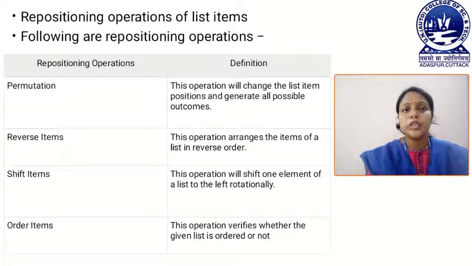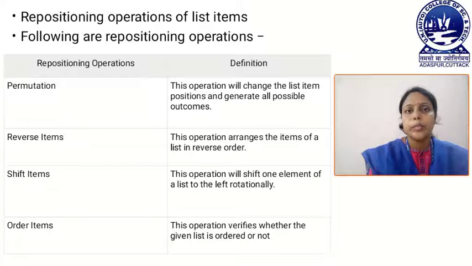Next, repositioning operations of the list items. Here the repositioning operations are permutation. This operation will change the list item positions and generate all possible outcomes. That means in the permutation operation, we change the positions of our list items and it produces all possible outcomes. Then next, reverse items.